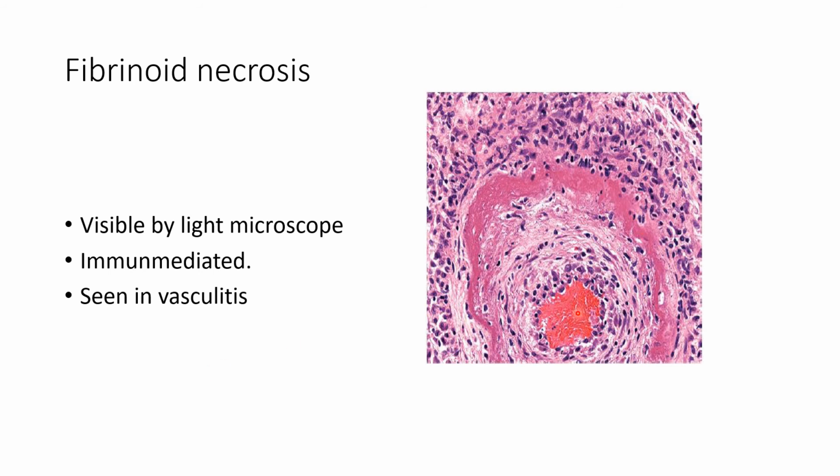So this is the vessel here with red blood cells inside. The blood is present, and this is the wall of the vessel, and as you can see, there is a ring of pinkish fibrin material, and the inflammatory cells are attacking the blood vessel wall. So we call it vasculitis and it is an immune mediated process.